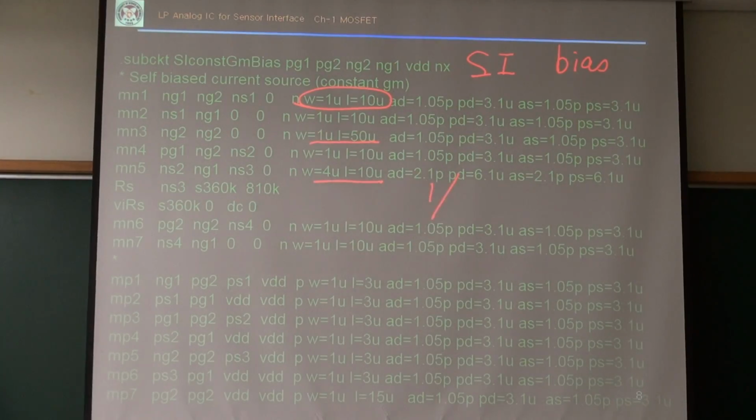So NMOS is 1 by 10. How about PMOS? PMOS is where? Oh, 1 by 3. Is it right? PMOS is 1 by 3. There is 1 by 15 as a cascode biasing.